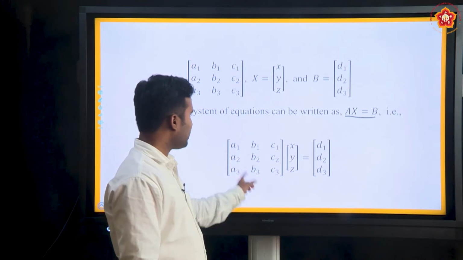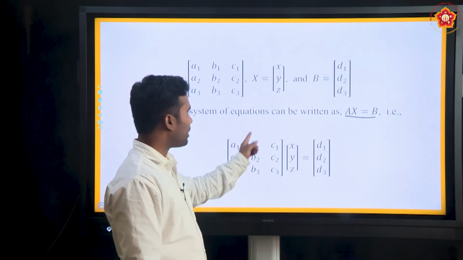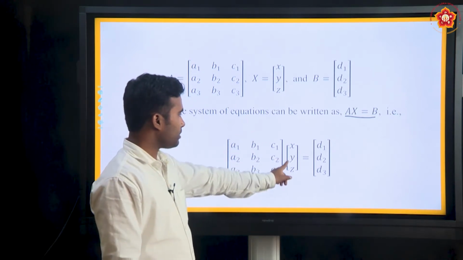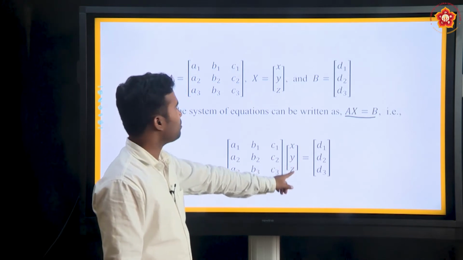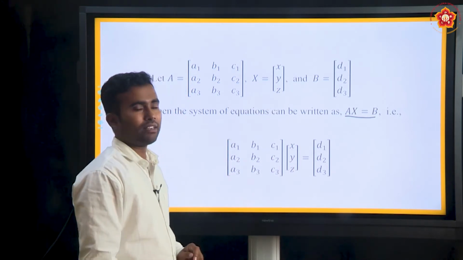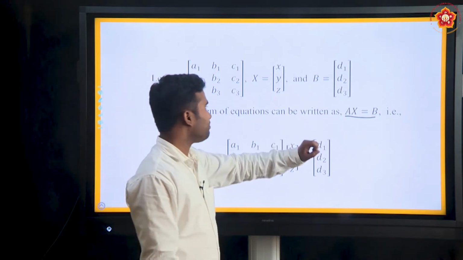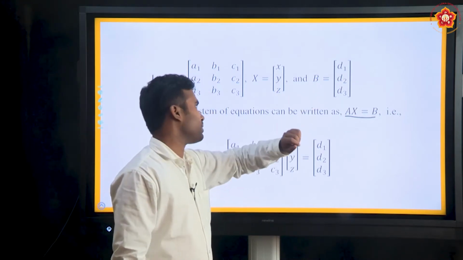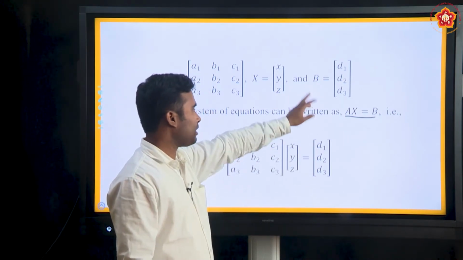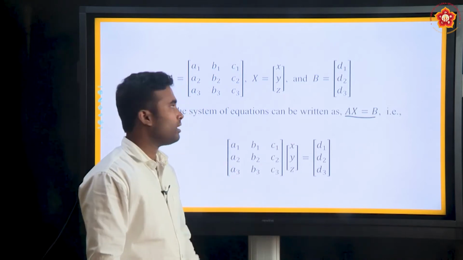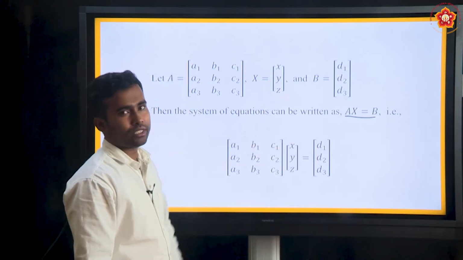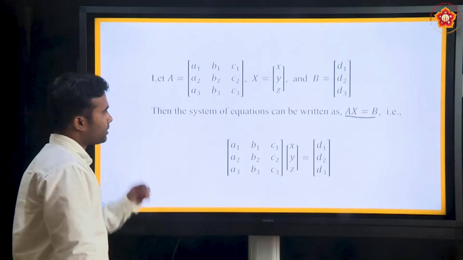That I have chosen as matrix A, and these x, y, z variables I have chosen as a matrix X, and this matrix B, which is a column matrix, right. So, D1, D2, D3 are the entries for matrix B.